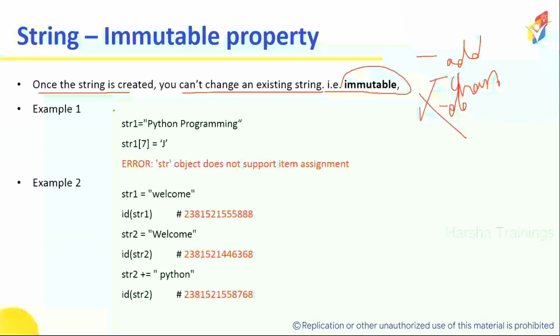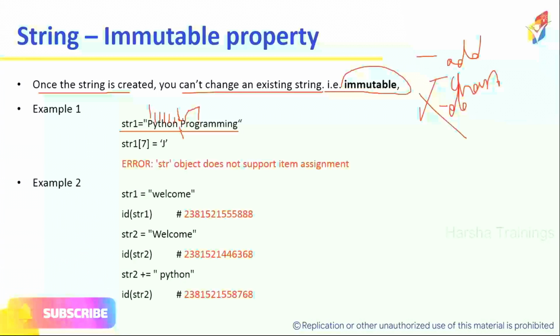Now I will try to change it. Look here, str1 equal to "Python program". There is a space here, and please note that space is also considered one index. Here it is 0, 1, 2, 3, 4, 5, space is 6, and P is 7.